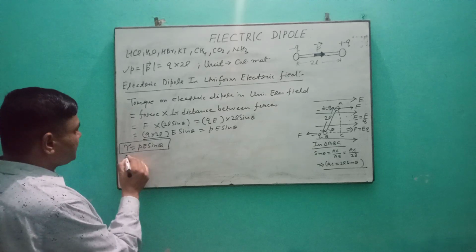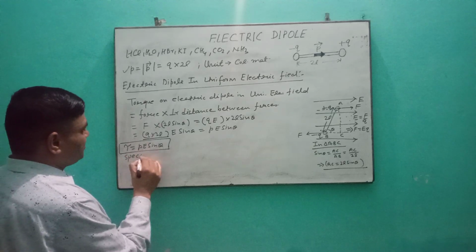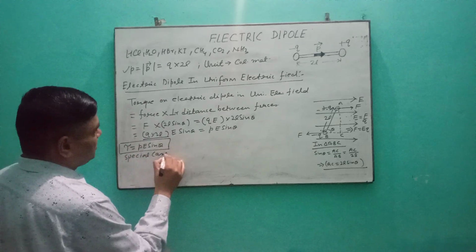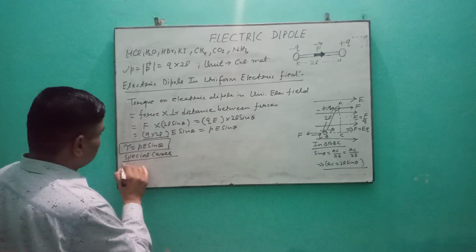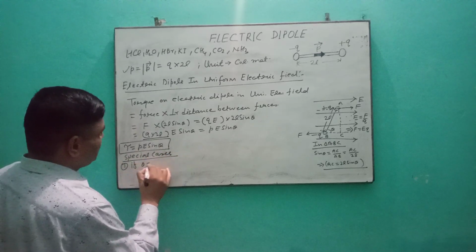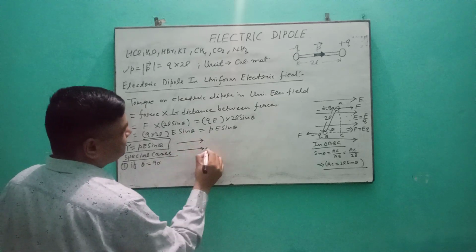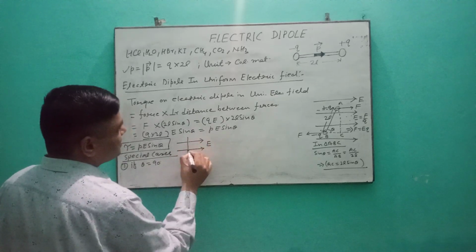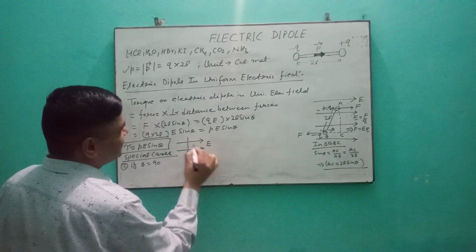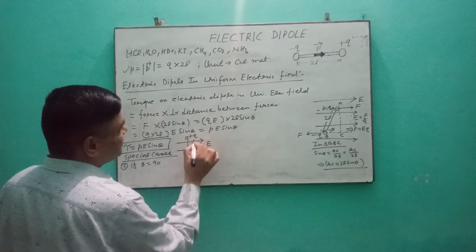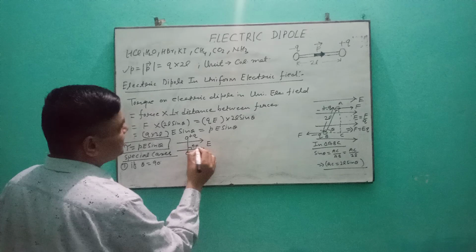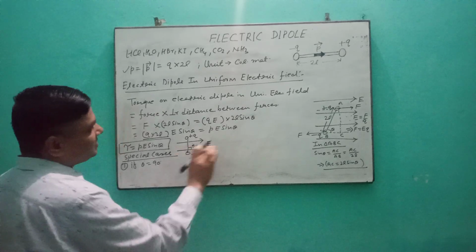Now special cases arise. Special case first: if theta is equal to 90 degrees, this is the electric field and this is the dipole, and this dipole is placed at an angle of 90 degrees with the electric field.